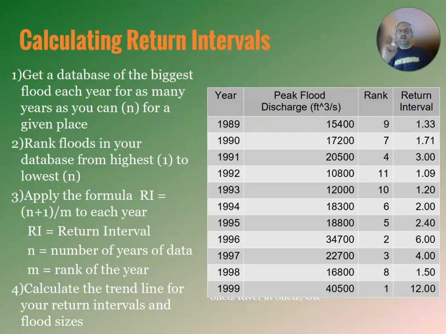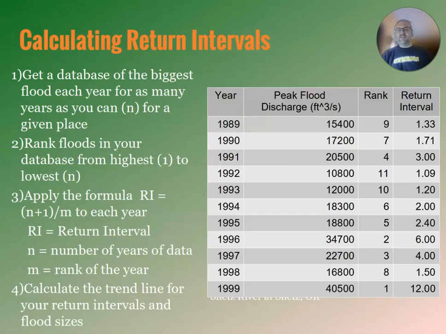So once we get the return intervals, one thing we could do is turn those return intervals into exceedance probabilities. Right? So if it's a 1 in 12 chance of having a flood that big, we could divide 1 by 12 to get a percentage for the exceedance probability.